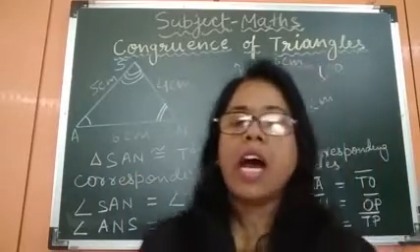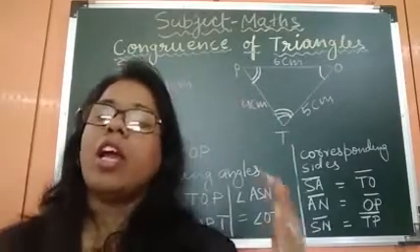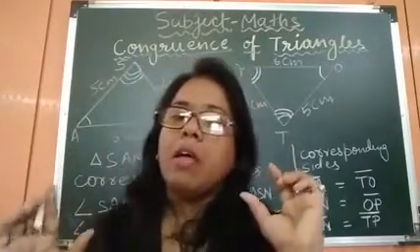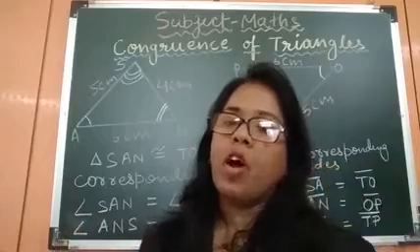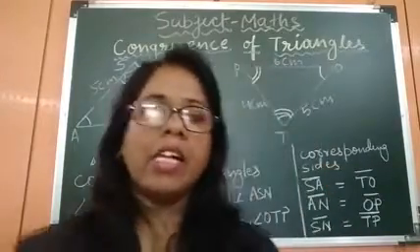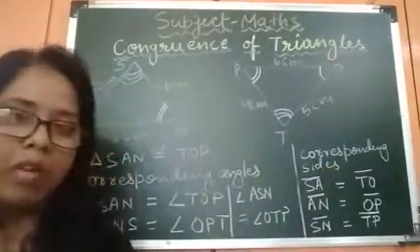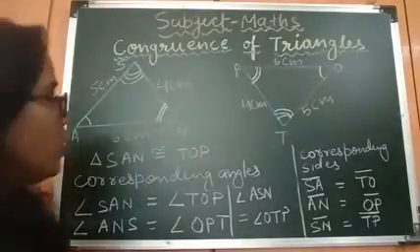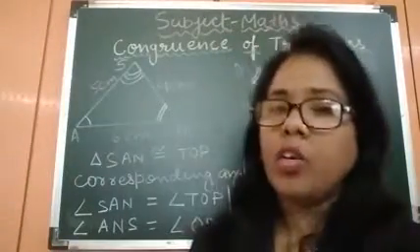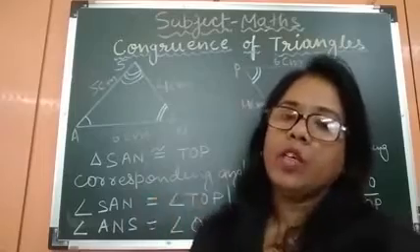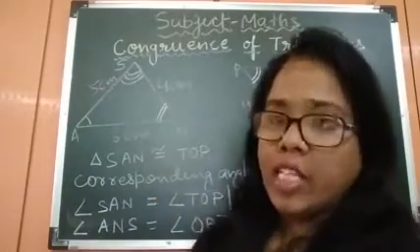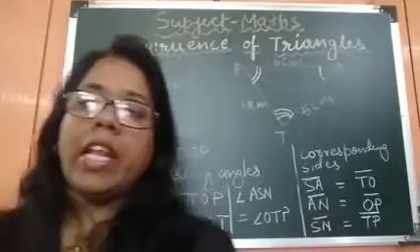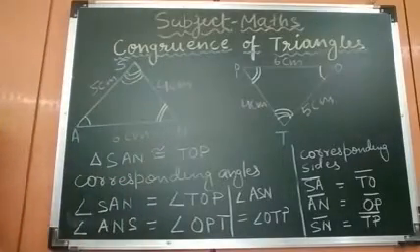Corresponding angles are equal and congruent, meaning the magnitude of the angles is the same. So in this way we learned what congruence is, how you can say that a particular thing is congruent or not, what a congruent triangle is, etc.